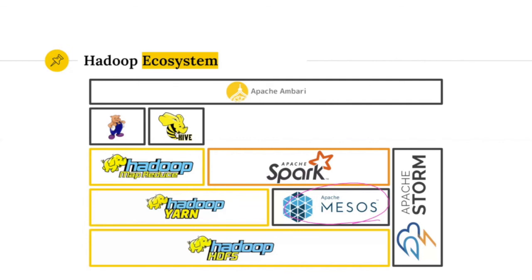The reason why I put this right next to Yarn is because the function of Mesos is basically the same as Yarn. So Mesos is, simply speaking, a resource negotiator. It does the same thing as what Yarn does. So it manages computing resources across a Hadoop cluster. It schedules the tasks. It matches tasks with available computing resources and so on and so forth.